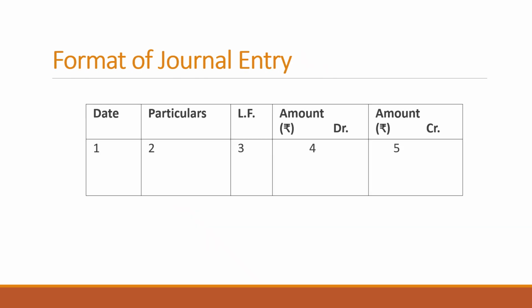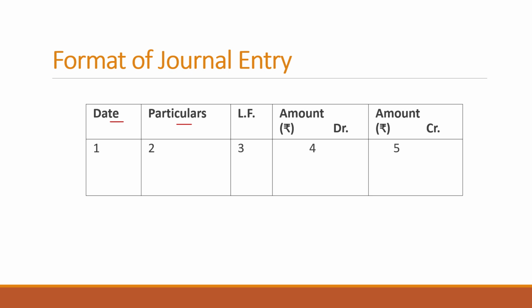Next, this is the standard format of a journal entry. Here you can see the date column, which contains the date of the transaction, the month, and the accounting year. The year is stated simply once at the top and does not require repetition. Next is particulars. This column records the accounts impacted by the transaction by naming those required to be debited or credited.